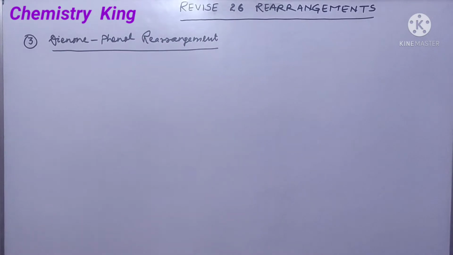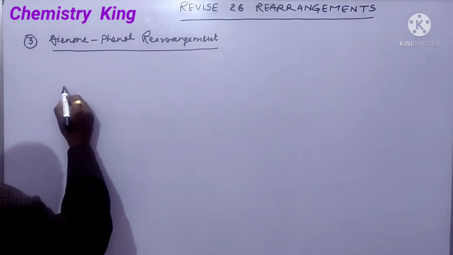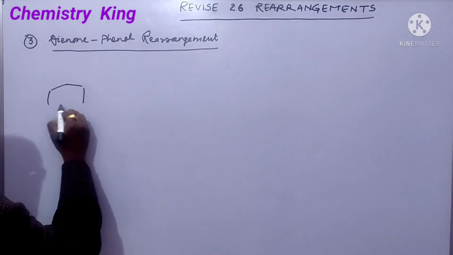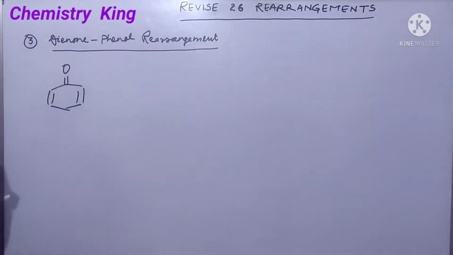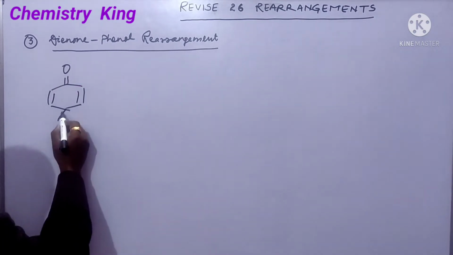Third is dienone phenol rearrangement. It is diene and it is dienone.